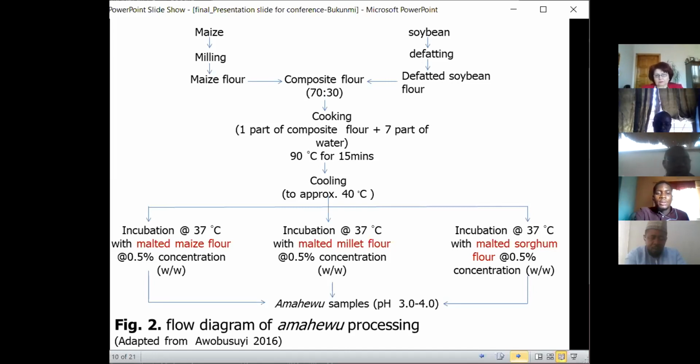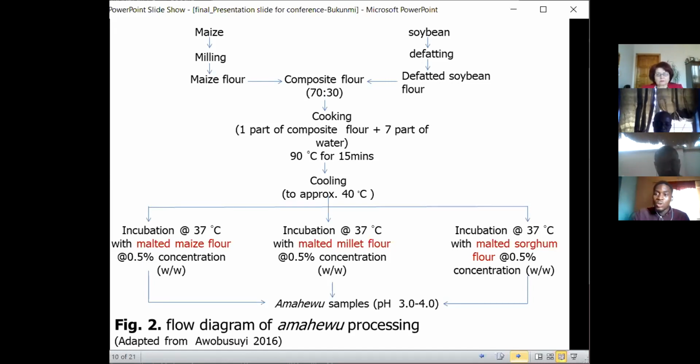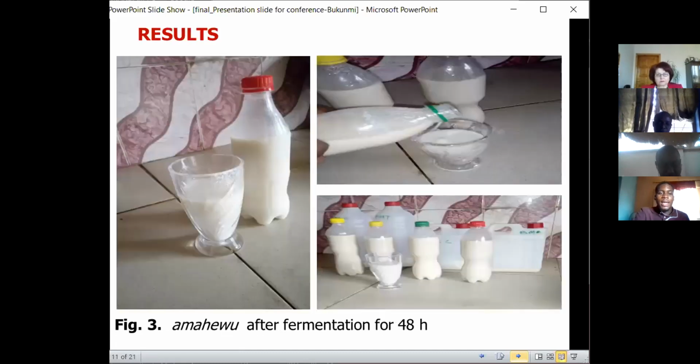So when the sample reaches a pH between 3 to 4, which is acidic due to the production of lactic acid during the fermentation, we stop the fermentation by putting our samples in the fridge, because if you do not reduce the temperature, fermentation will still continue, which may lead to undesirable features of the product. Here is the result of the fermentation.